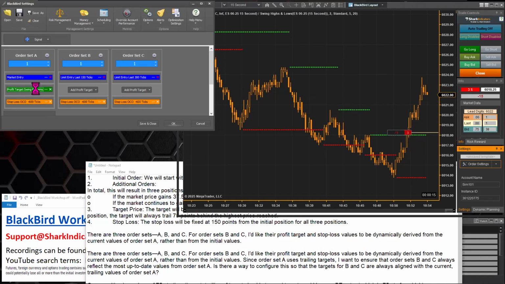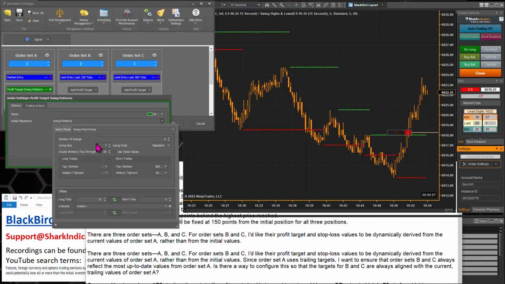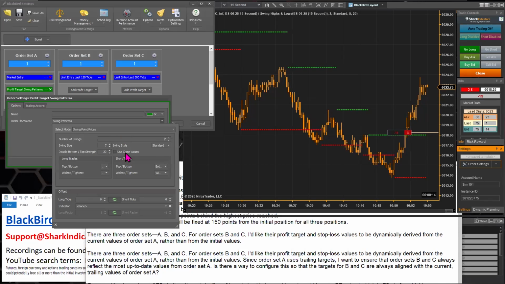Although when we use that one, it uses the swing patterns, and I don't think most people like this interface because it looks quite a bit different from setting up the swing indicator right on the chart here.